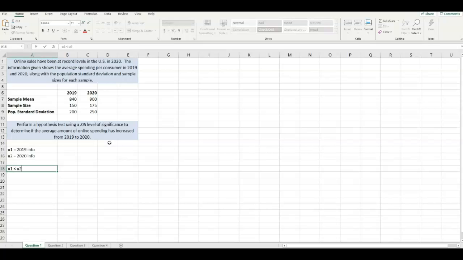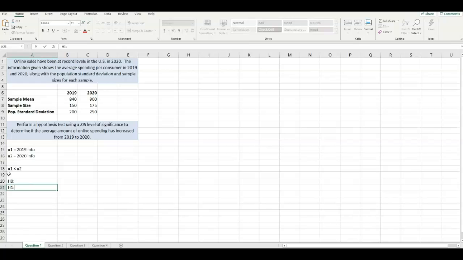The reason that we want to write it out kind of backwards here is because in our hypothesis test, when we find our null and our alternative hypotheses, we are going to need our hypotheses to say mu1 minus mu2 is something. Right?